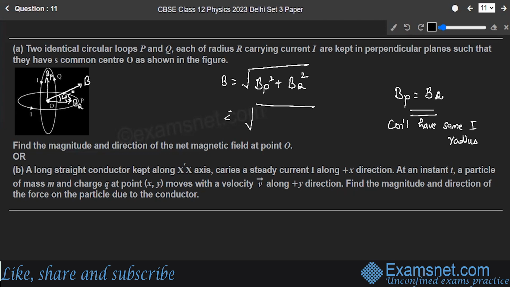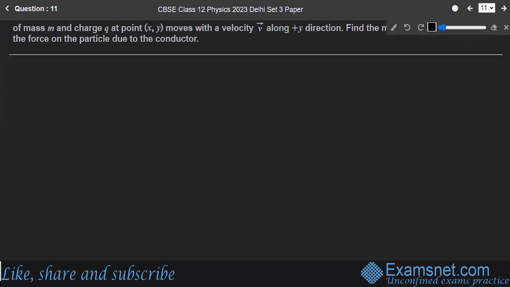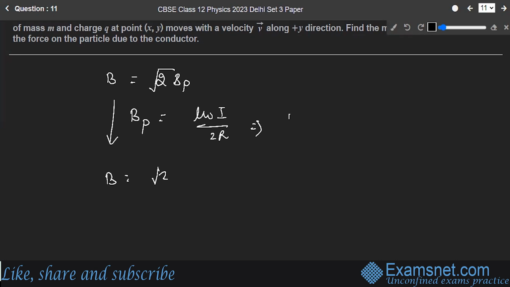That gives you root 2 BP square, that is equal to B. So B will be given by root 2 into BP. Also, you know that BP is given by mu naught I upon 2R. So B will be equal to root 2 into mu naught I upon 2R, or this is equal to mu naught I upon root 2 into R.